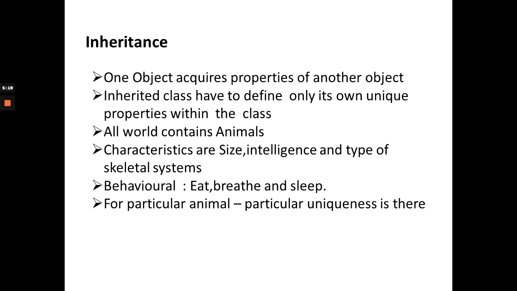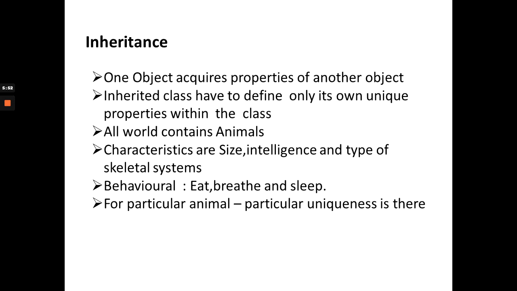Inheritance. Inheritance is nothing but one object acquiring properties of another object, and inherited classes have to define only their own unique properties within that class. For example, the world contains animals. All animals have the same characteristics, listed as size, intelligence, and type of skeletal system.